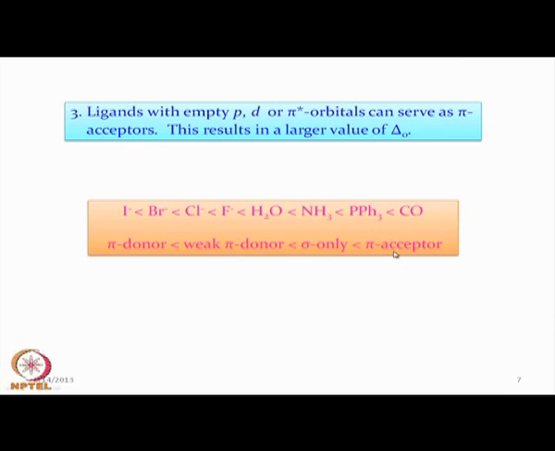They are very strong ligands, and we will find them in organic chemistry and related chemistry for complexes, and as catalysts. If you have carbon monoxide, it can function as a very good catalyst, and triphenyl phosphine also can control the reactivity pattern of the metal center.